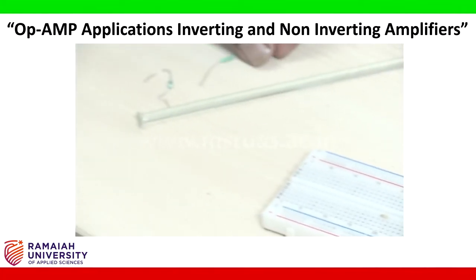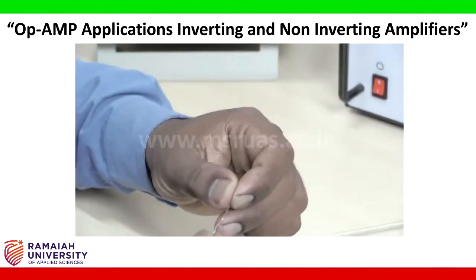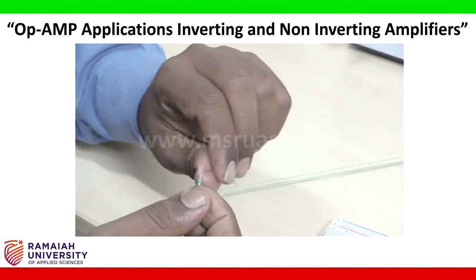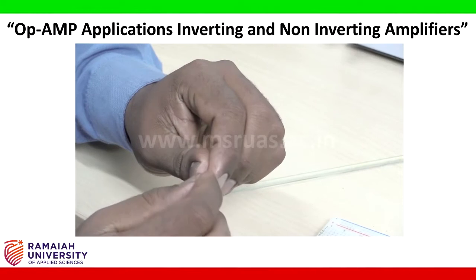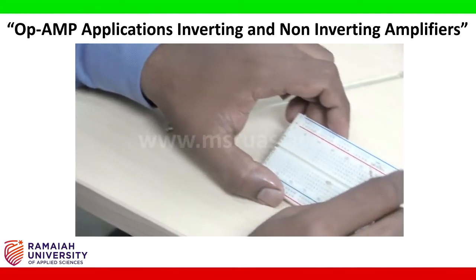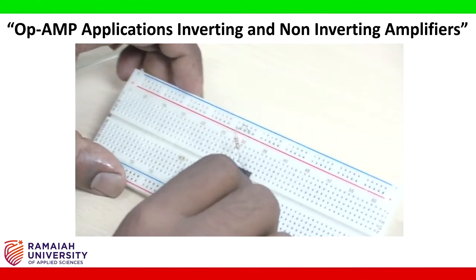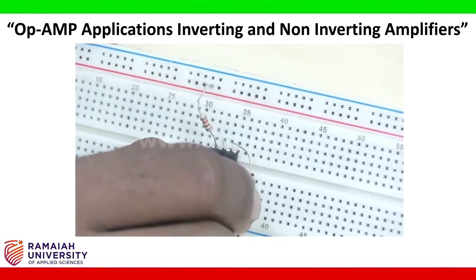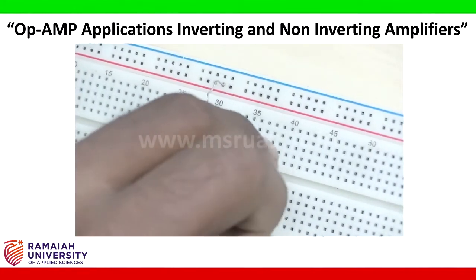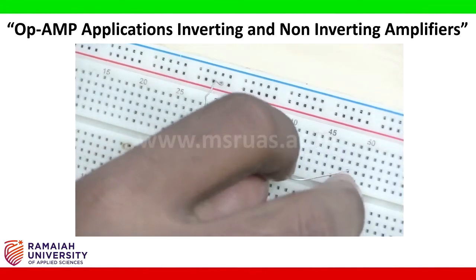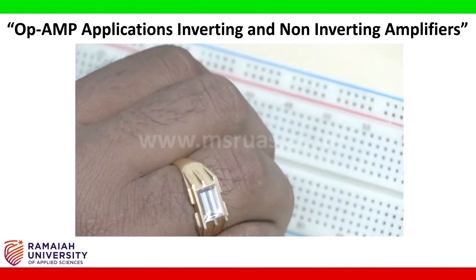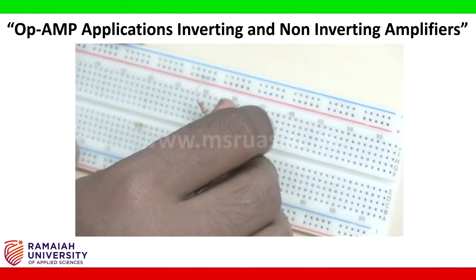Next I am going to connect the 1 kilo ohm resistor to terminal number 2. Terminal number 2 is here. I connected this 1 kilo ohm resistor to here, and the other end to the point I created on the circuit board.